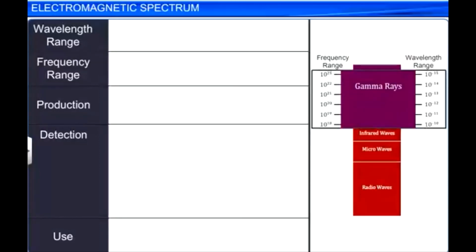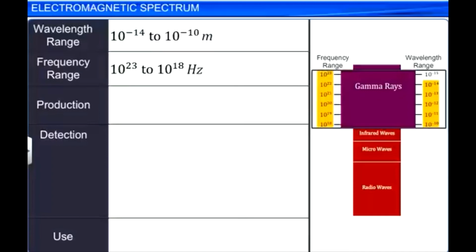In the electromagnetic spectrum, gamma rays have wavelength in the range of 10⁻¹⁴ meter to 10⁻¹⁰ meter. Frequency range of gamma rays is from 10¹⁸ Hz to 10²³ Hz, which lies in the upper frequency range of the electromagnetic spectrum. Gamma rays are produced by the radioactive decay of the nucleus.